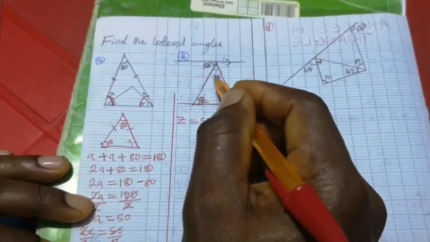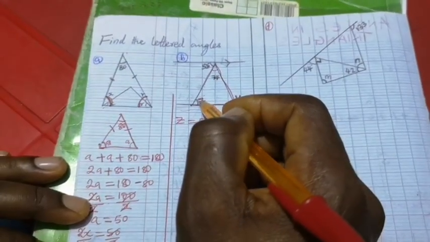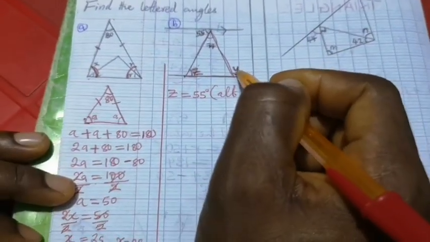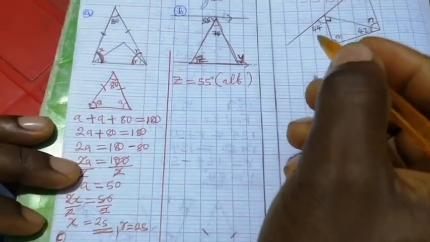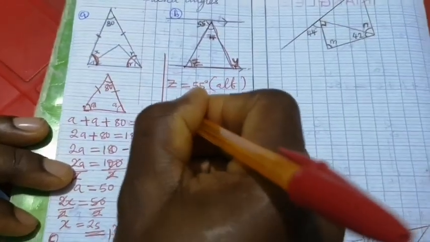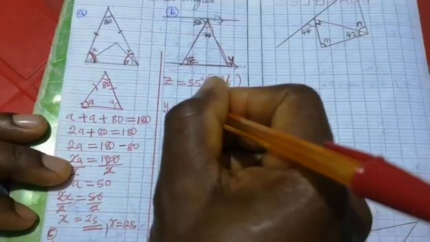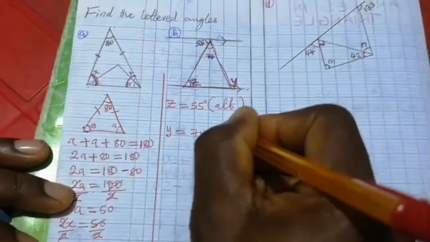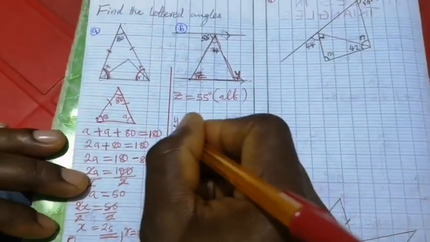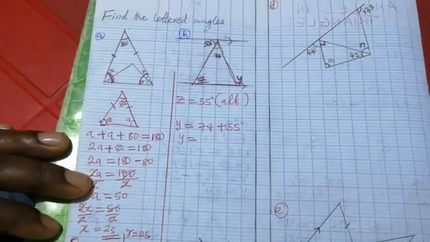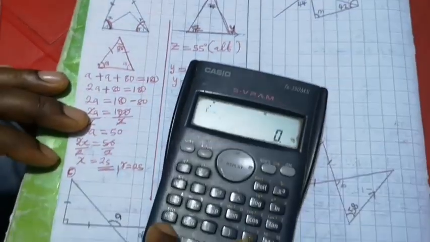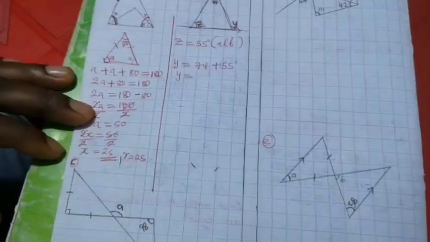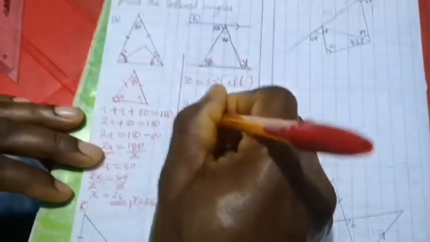So this angle 74 and angle Z, which we have found to be 55, are now interior opposite angles to y. Okay, and because of that, we will now say that y is equal to 74 plus Z, which is now 55 degrees. Okay, so y is equal to 74 plus 55, which is 129.